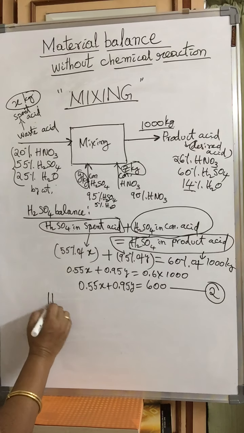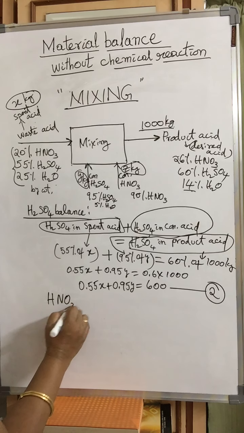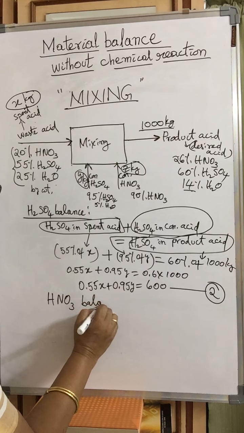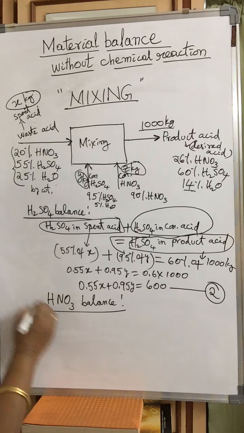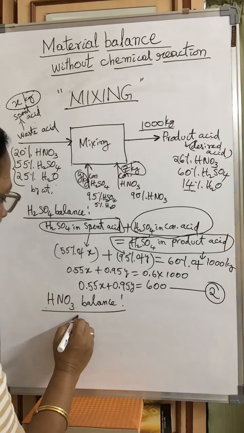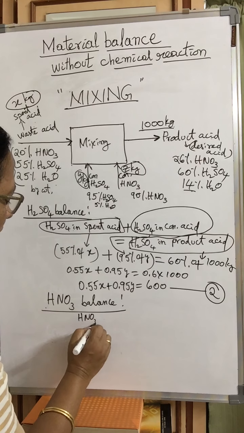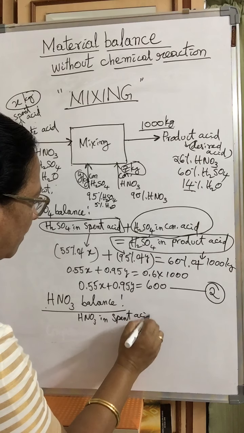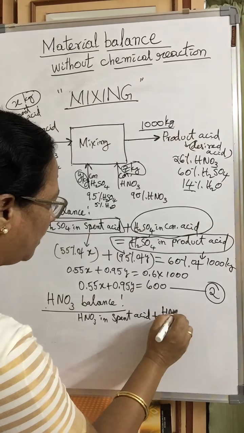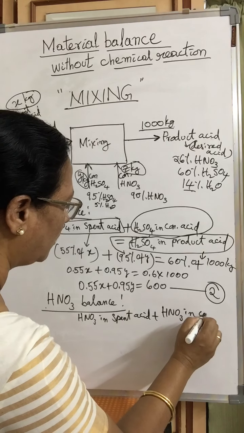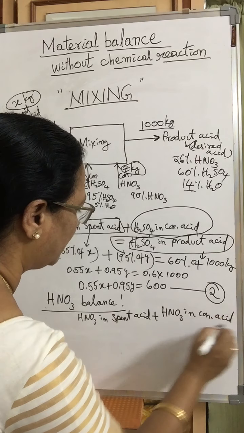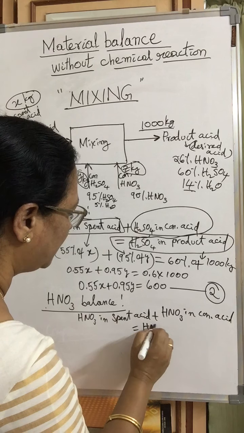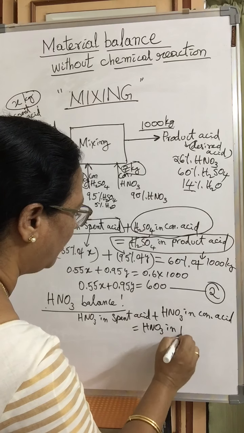Now, HNO3 balance. HNO3 in spent acid plus HNO3 in concentrated acid is equal to HNO3 in product acid.